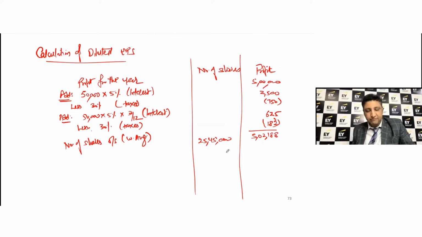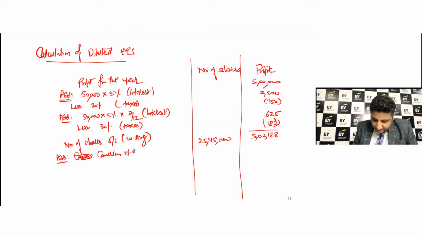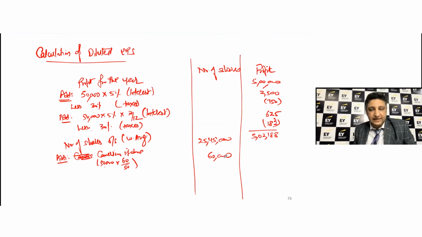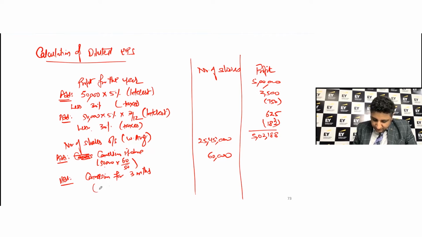So 25,45,000 number of shares, add conversion if done, right? For that portion of 50,000 into 60 by 50 is the calculation that we want to do for the whole year. That's what you want to remember. And this would be, of course, 60,000 plus, of course, the conversion for 3 months period, that is 50,000 into 60 by 50 into 3 by 12.